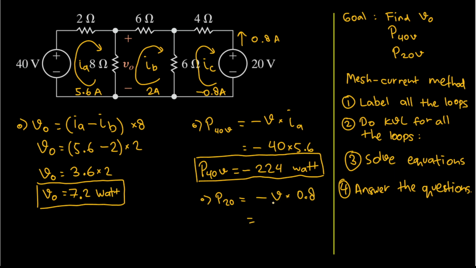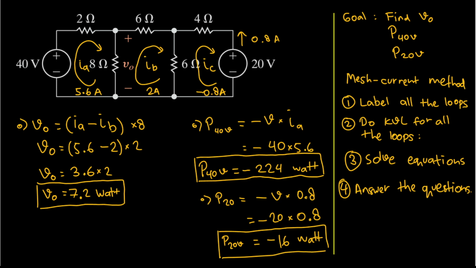But then the value of V is minus 20. So I have minus 20 multiplied by 0.8. So that will be, I think that will be minus 16. Yeah, minus 16. So this is the final answer of the question that we have.